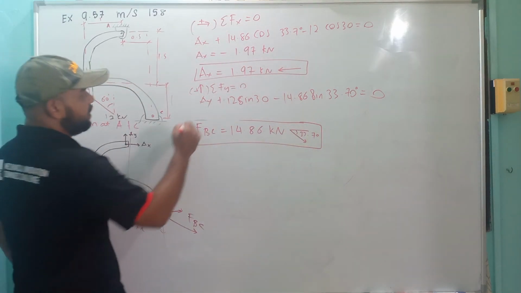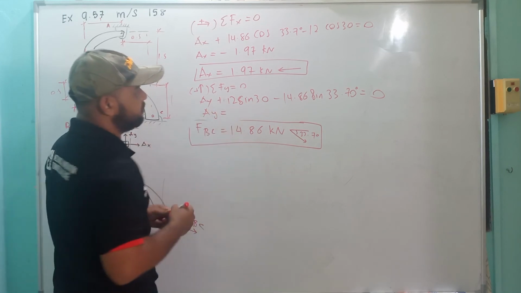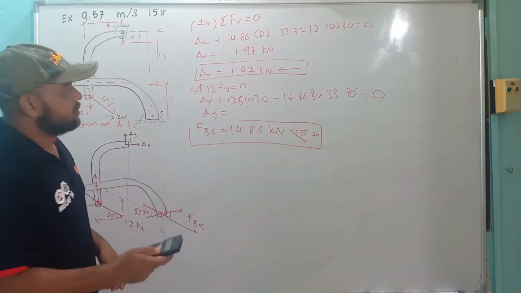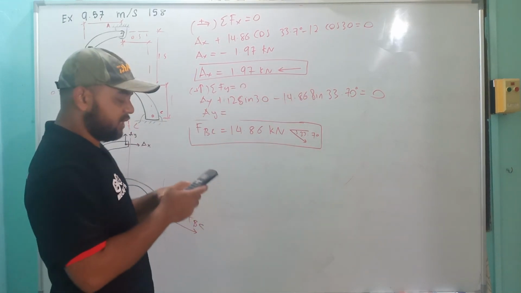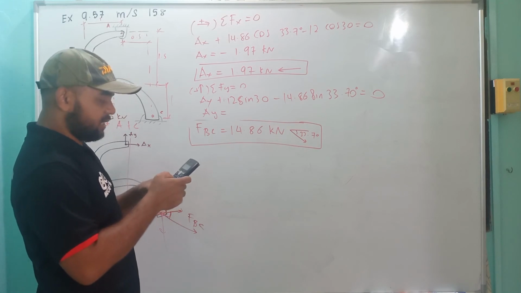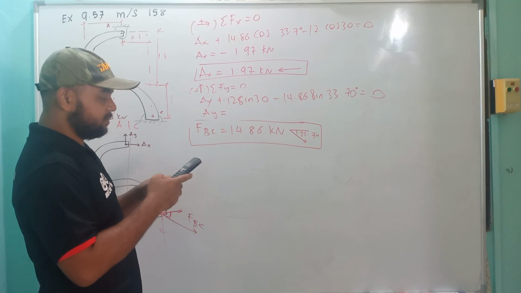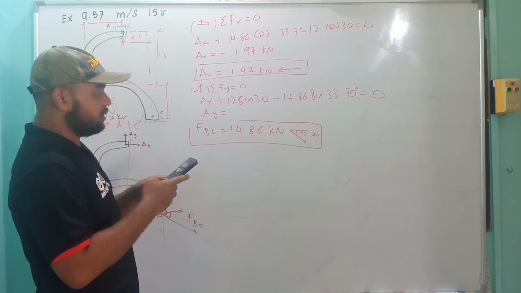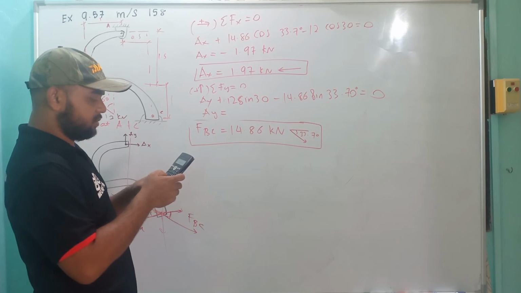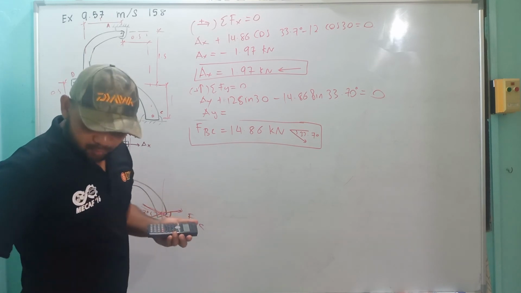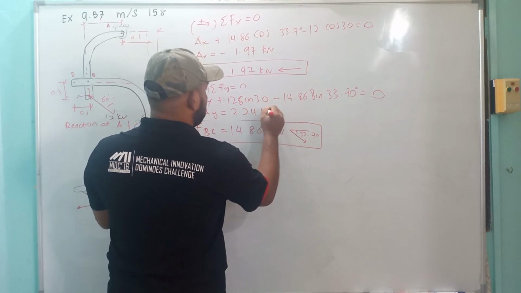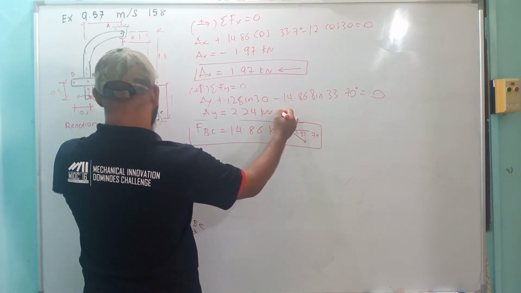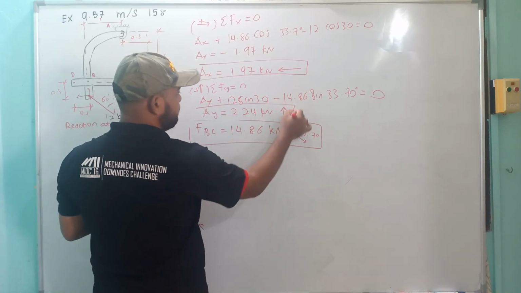Okay, so from here we have the Ay equal to. Okay, put this one the other way, it becomes negative, this one becomes positive. 14.86 sine 33.7, minus 12 sine 30, up 2.24 kilonewton positive, meaning that it is same as our assumption here, which is upward.